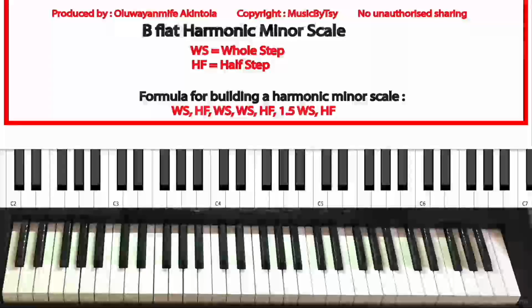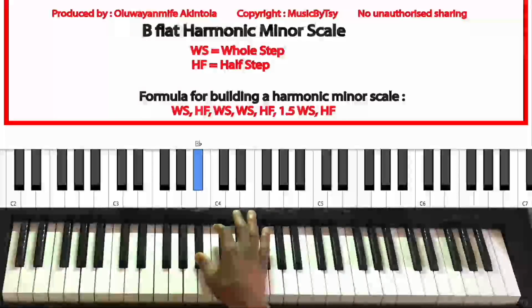Now, in order for us to construct the B flat harmonic minor scale, all we have to do is increase the seventh note of the B flat natural minor scale by a half step, and that is going to give us the B flat harmonic minor scale. So yeah, let's do that.